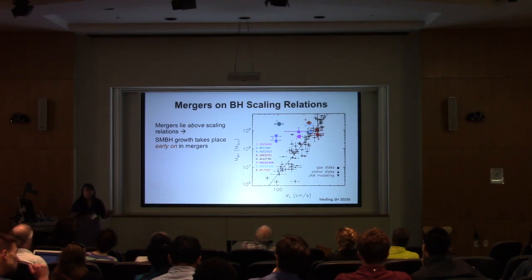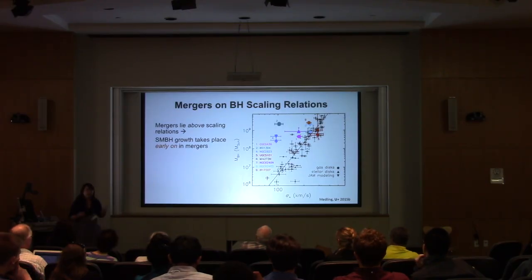This would be because we have a lot of gas in our gas-rich mergers that could very easily funnel into the center of the system. And like I said, there are some caveats with this plot that I'm happy to go into if you're interested.